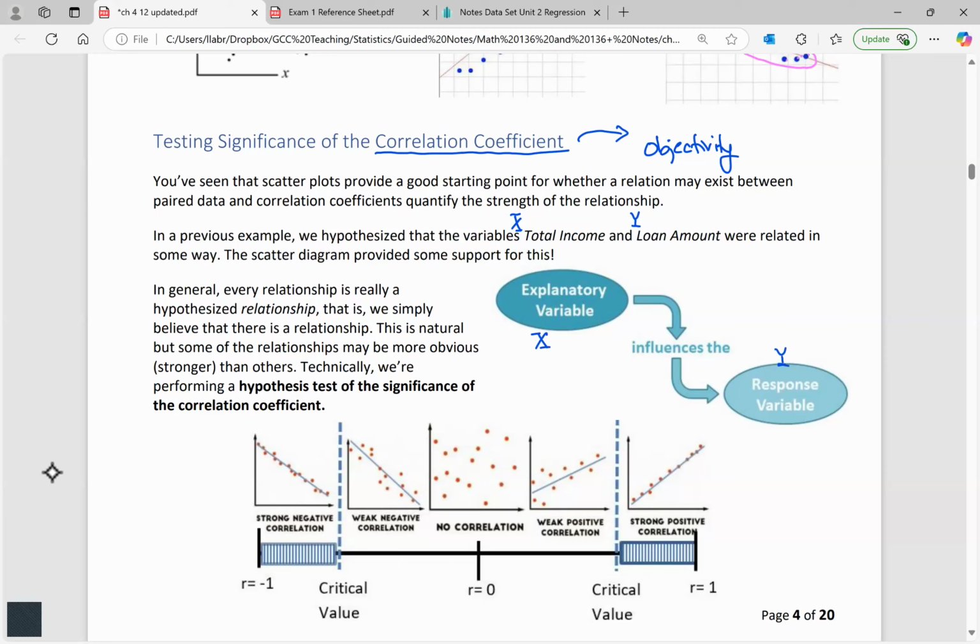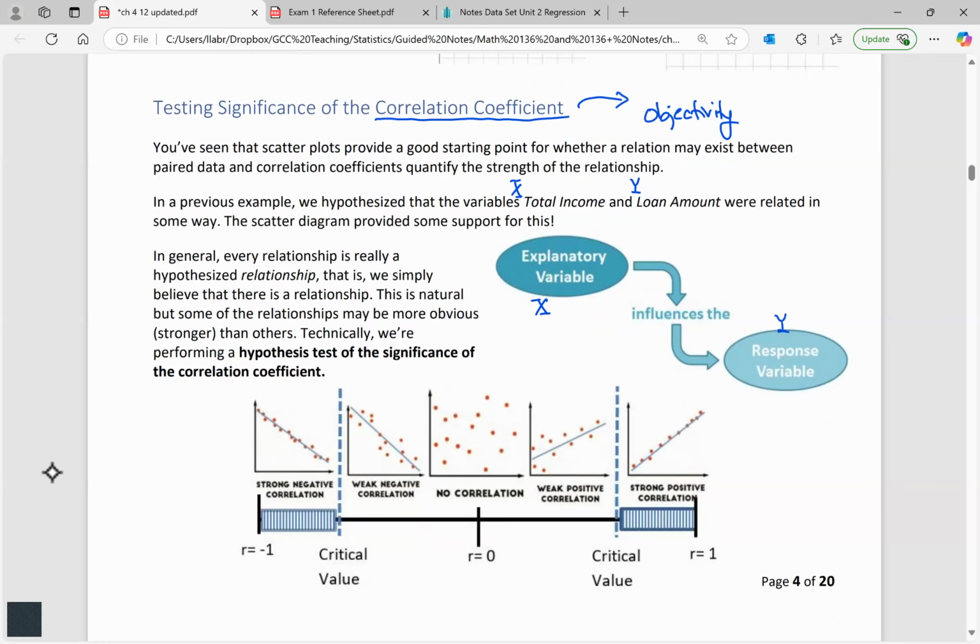We're essentially going to say, this is a hypothesis. I don't know that this is correct. It's what I believe. I think this is true. And it's really important that you recognize that we totally made this up.